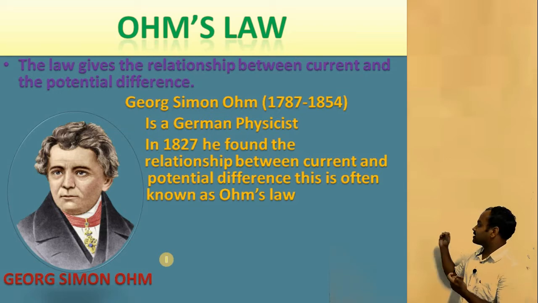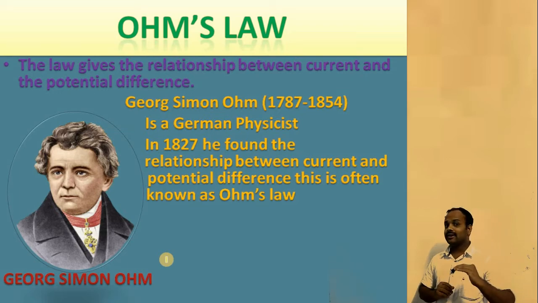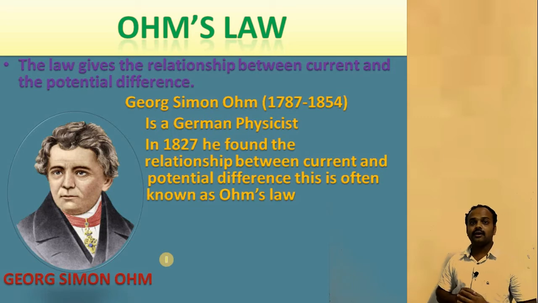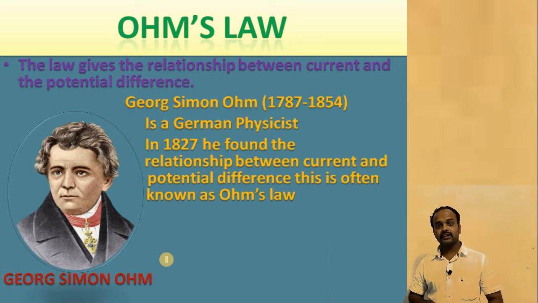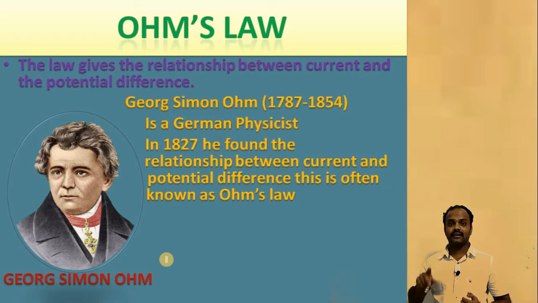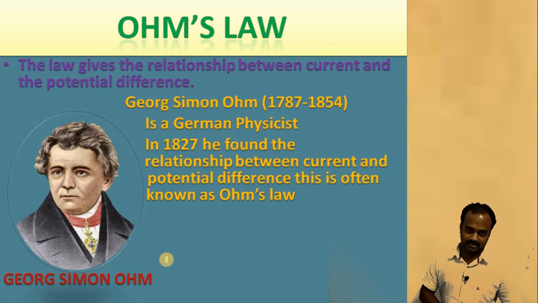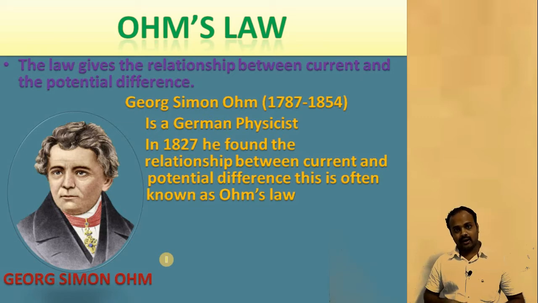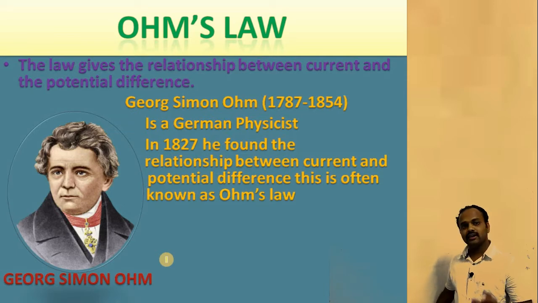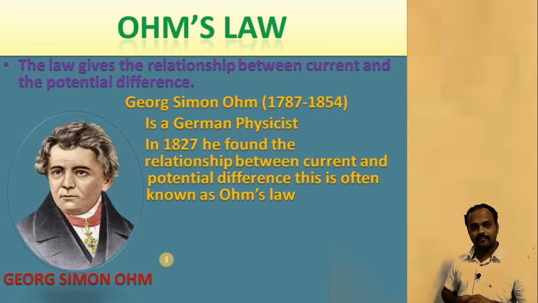In 1827, he gave the famous law, Ohm's law. It tells us the basic concept of how current, voltage and resistance are related. Here is the figure of George Simon Ohm.